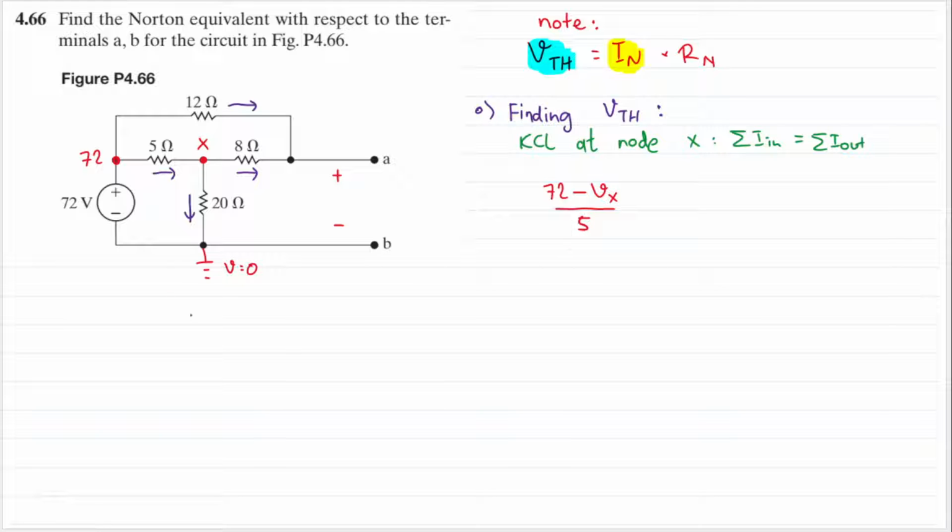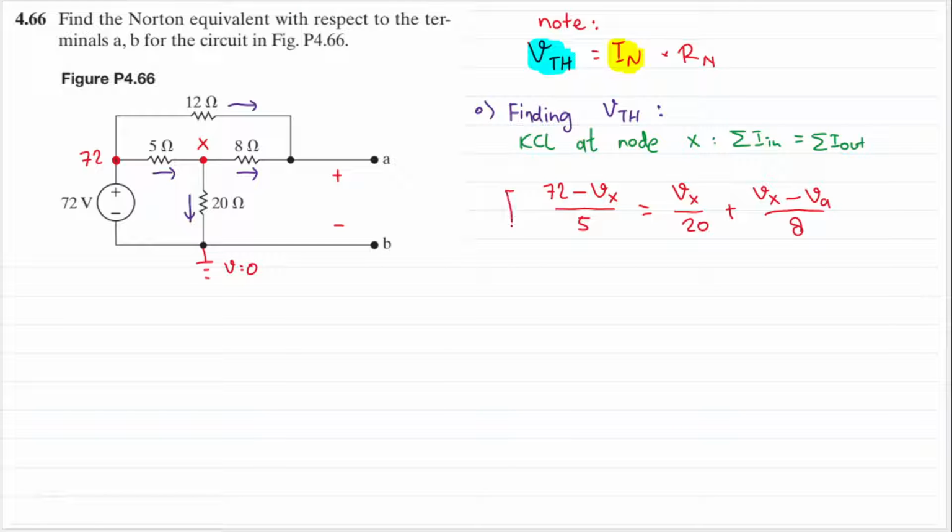And all the other currents go out. So this one here is Vx over 20. And then this one here is Vx minus Va divided by 8. Okay, nice.